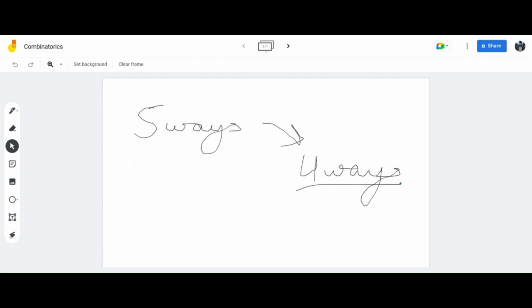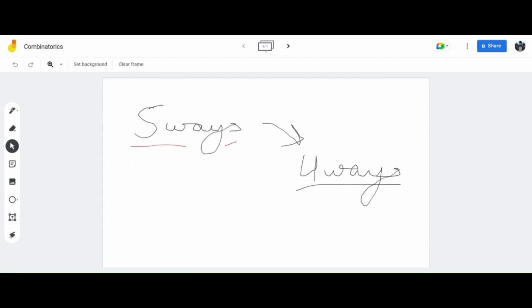So, in how many ways can we do the whole thing? Okay, so for doing the whole thing, we need to know what is permutation and how can we solve these kind of questions. Okay, so let's say we have to make a diagram for this kind of question.